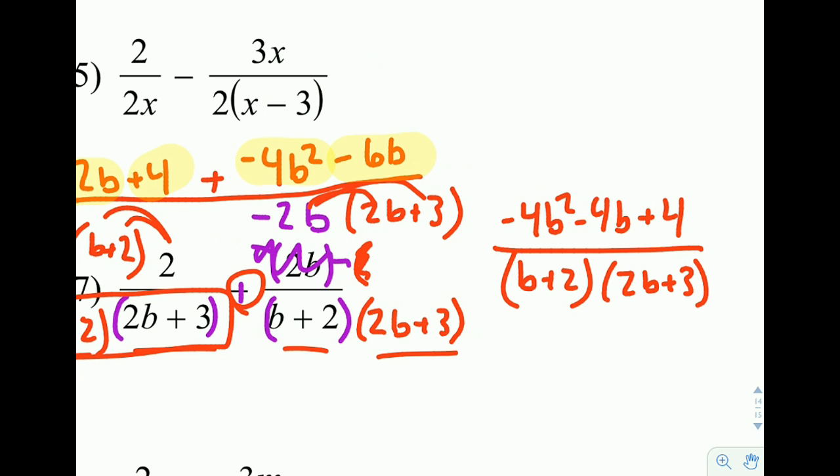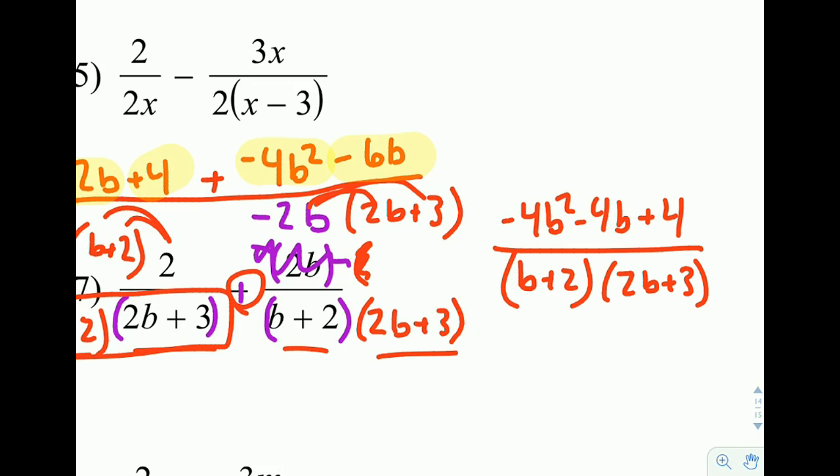It may kill you to see all those 4's right here and say, I know I can factor out a 4 from the top. And that's true, you can. And if you want to, feel free to do so. However, if you look at the bottom, since nothing cancels or factors out of that, you're not going to be able to reduce it, so it won't really end up helping you at all.